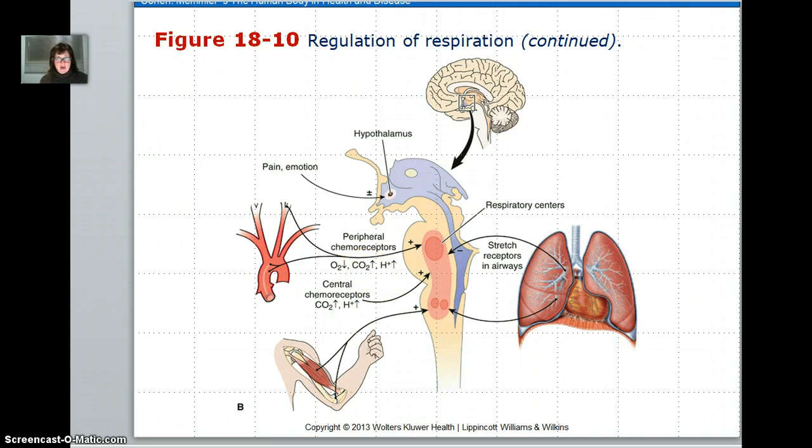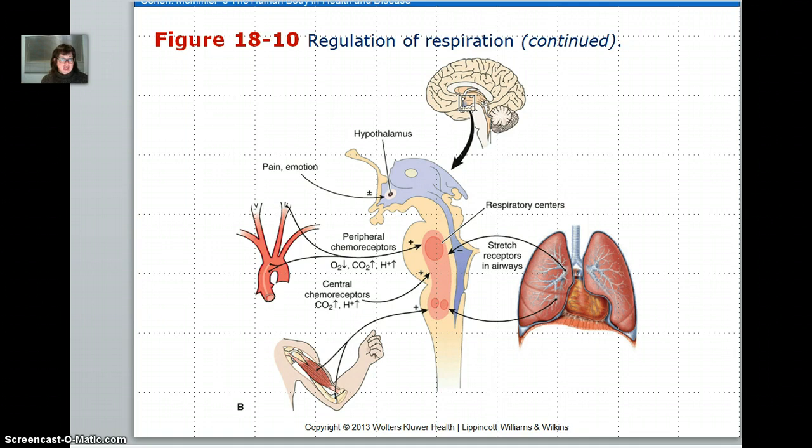Then your aortic arch is in the arteries that go to your body and to your brain. These are chemical receptors. So one chemical receptor is for carbon dioxide being too high. The other chemical receptor is for oxygen being too low.